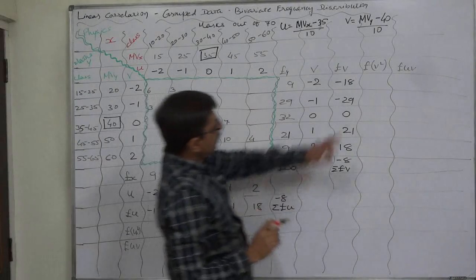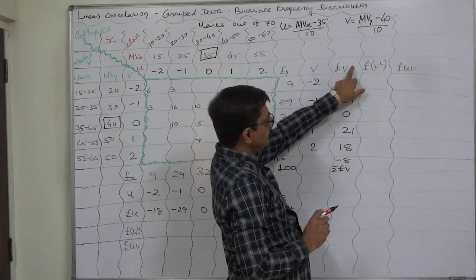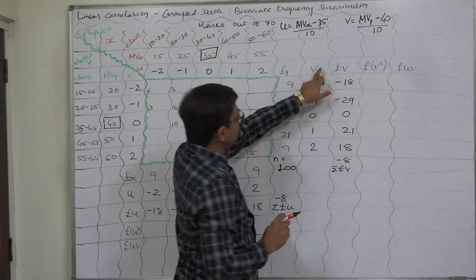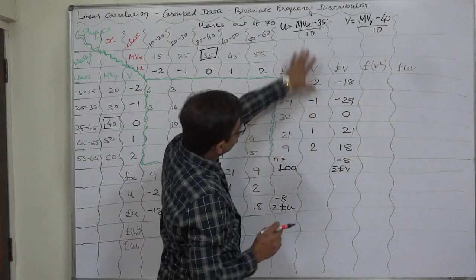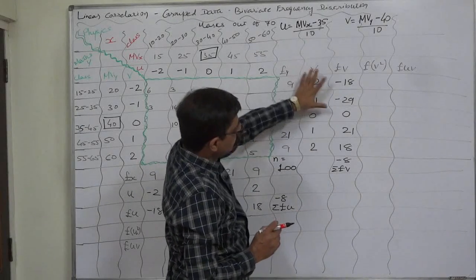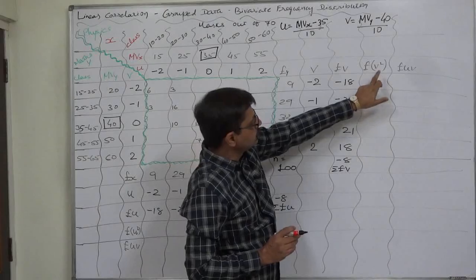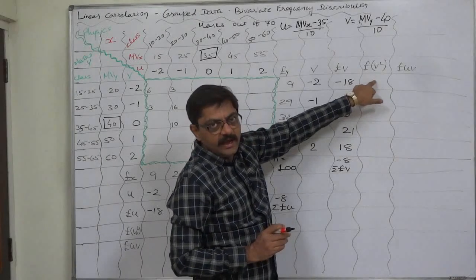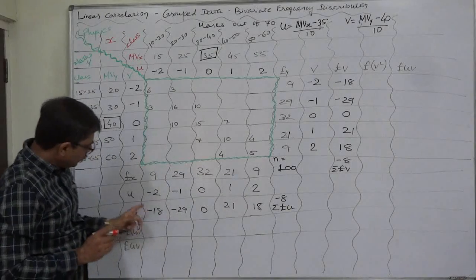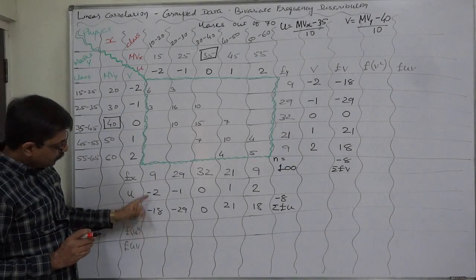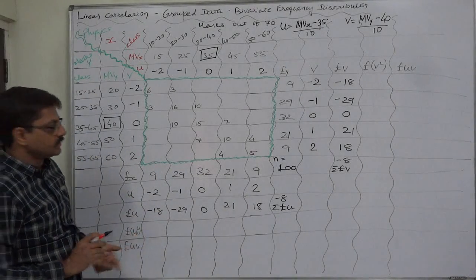Now, not the FV whole square, but F into V square. FV into V will be F into V square. That's why I prefer to repeat this column here, just to make the process of preparing this column easy. Similarly, this row here, because multiplication of these two will give us the next row.